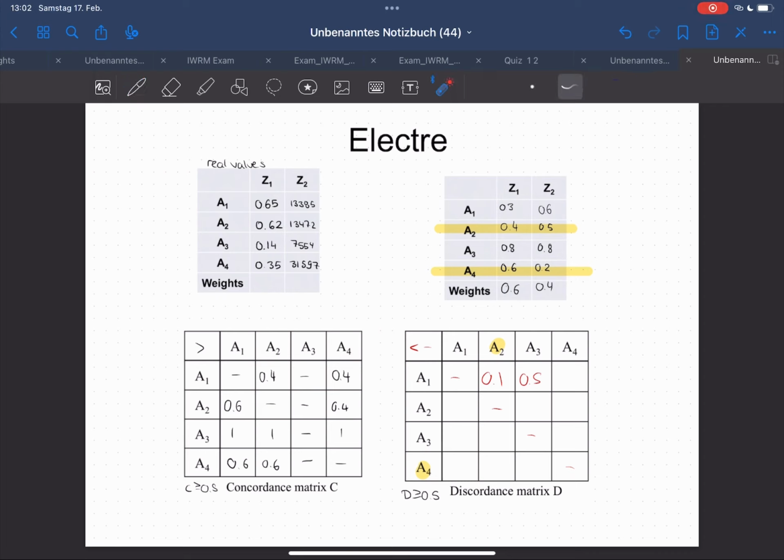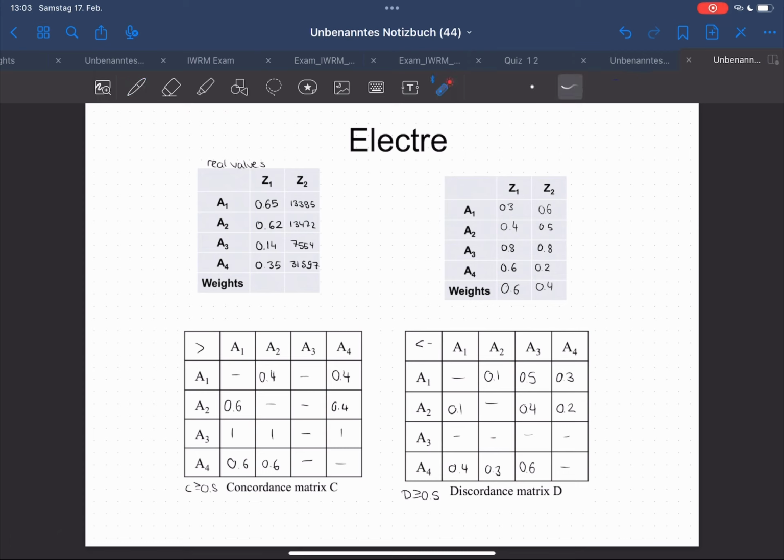Here it's not. Here it is. And it's 0.3 smaller than A2, because 0.5 minus 0.2 is 0.3. So therefore we put in a 0.3. And that's what you do for the whole discordance matrix. And then we have this as a result.